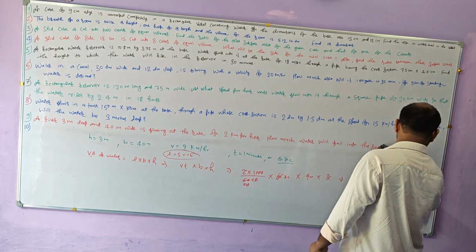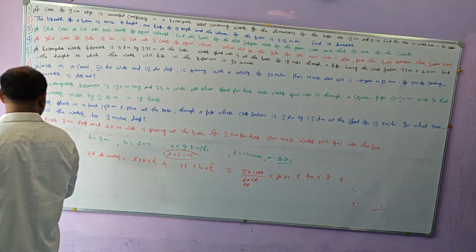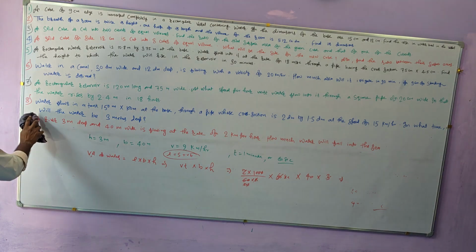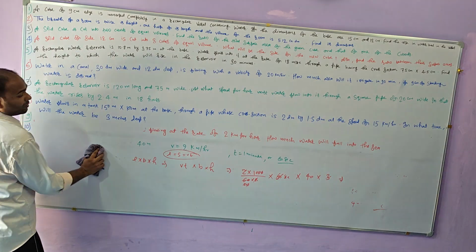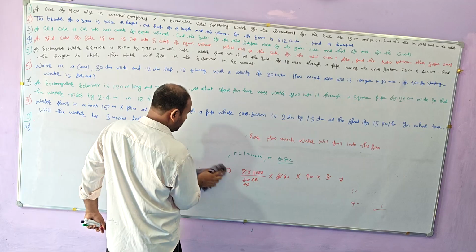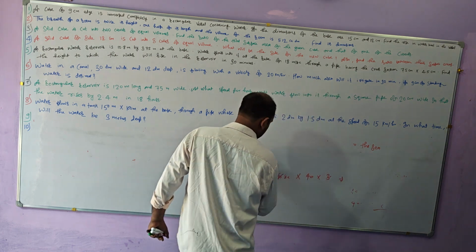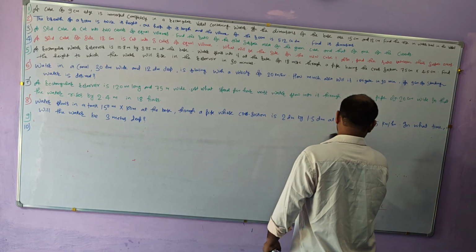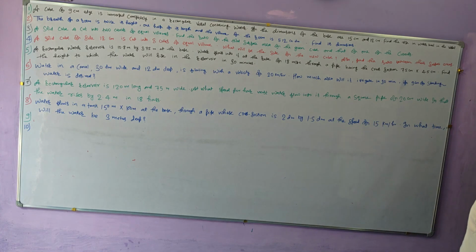In another question, water flows into a tank 150 meter by 100 meter at the base, through a pipe whose cross section is 2 decameter by 1.5 decameter, at the speed of 15 kilometer per hour.